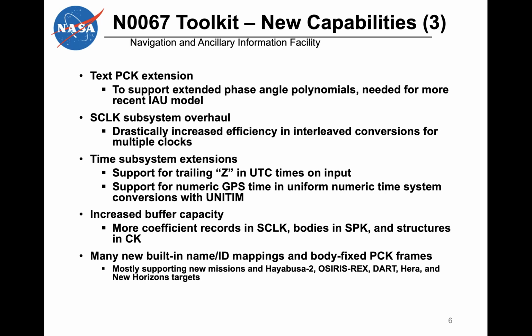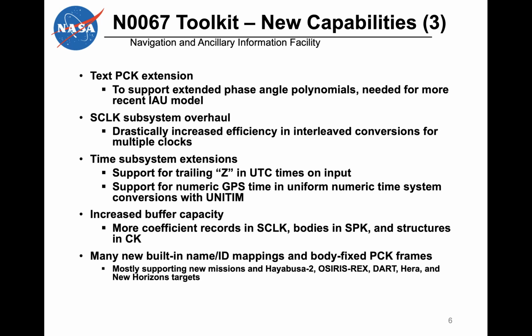This was necessary to accommodate modern missions or modern scenarios. So, for example, there's a new strategy of correlations for spacecraft clocks, which will generate new coefficients every minute, say, as opposed to what was usually the case in the past, that you would have a new coefficient every week or every month.